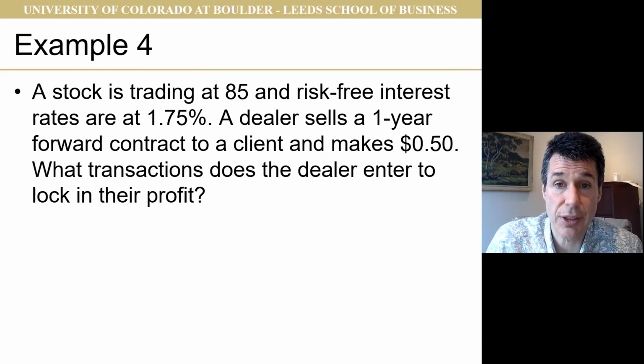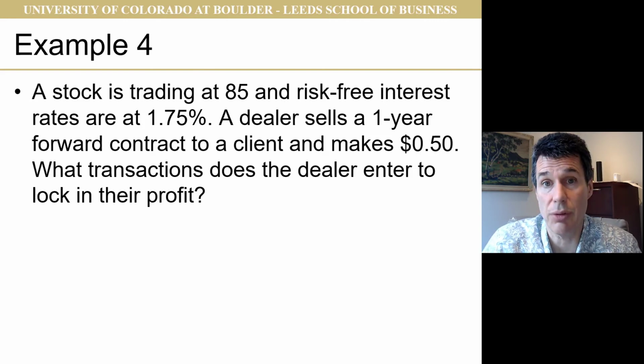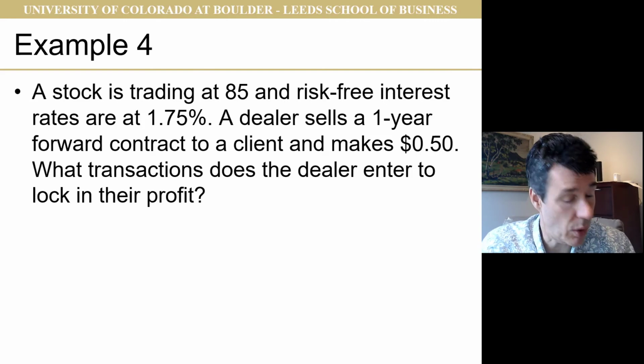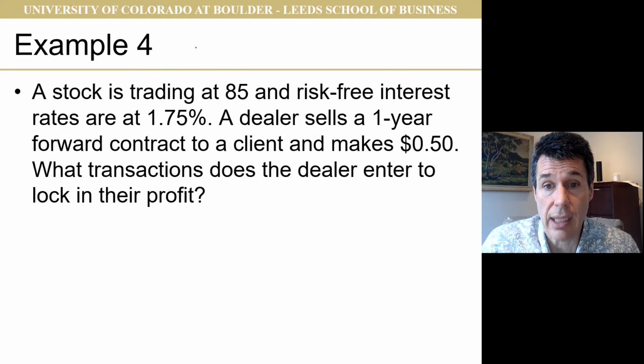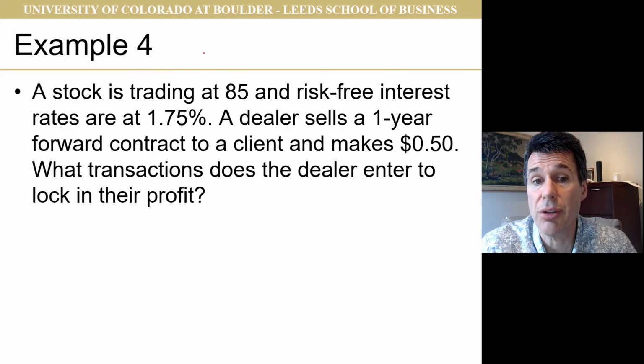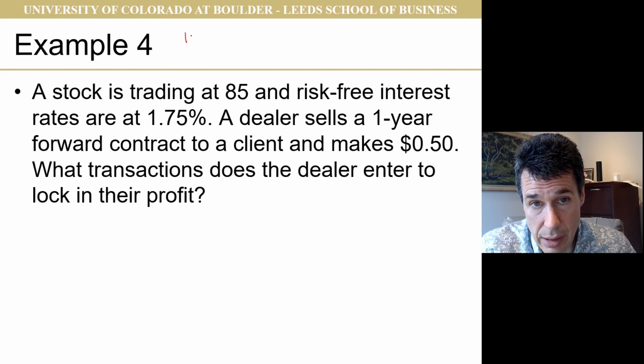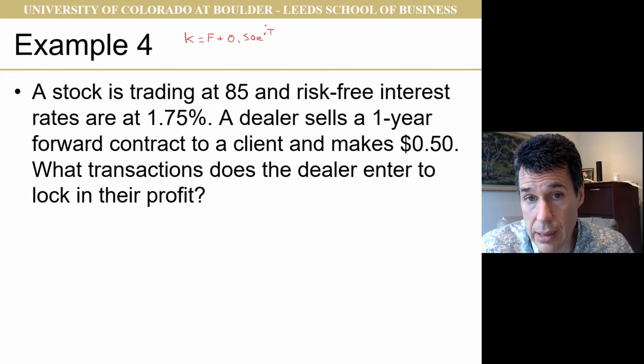So let's first figure out at what price they traded, and then we'll figure out where the 50 cents comes from. Okay, so stock is trading at 85, risk-free interest rates are at 1.75%. Remember, the dealer goes short at the strike F plus the profit, 0.50, e to the RT, the profit grown to the maturity of the transaction.